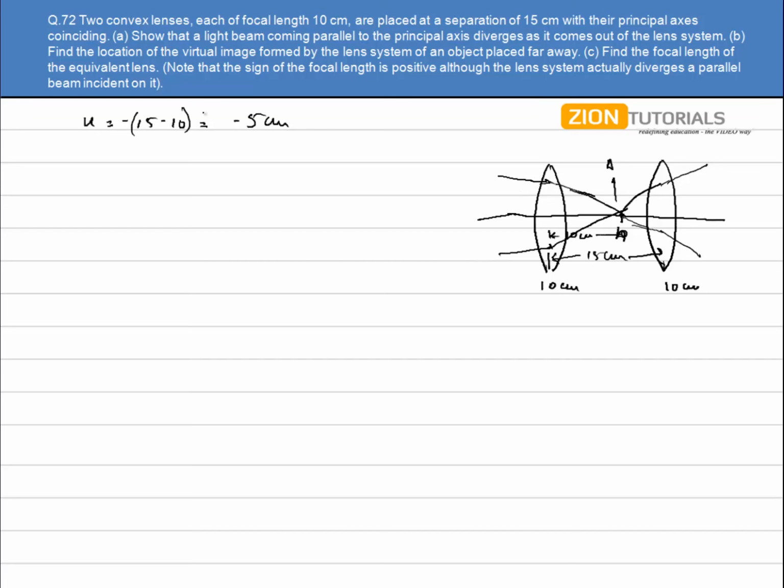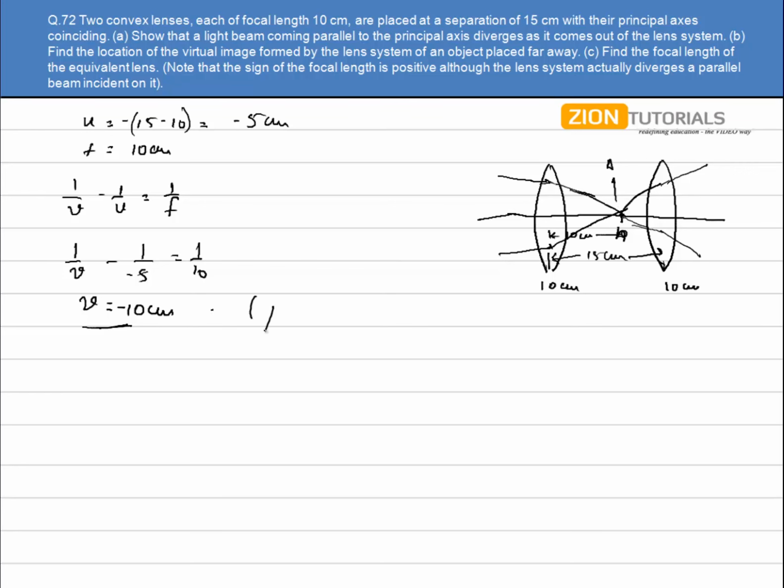Focal length is given to me as 10 cm, and I'll use the lens equation to calculate the value of V. So it comes out to be minus 5 equals 1 by 10. So V comes out to be 10 cm with a negative sign. Fine. So it clearly shows that the final image is forming at minus 10 cm, that is on the left hand side of the lens itself.